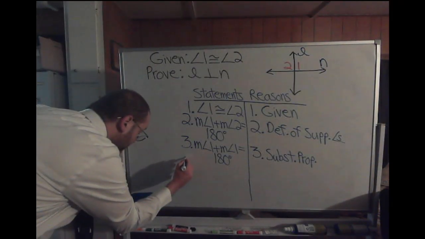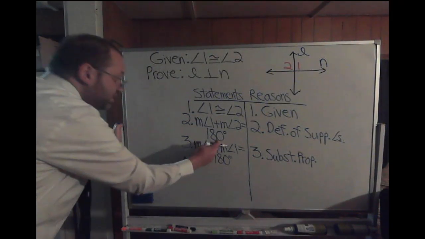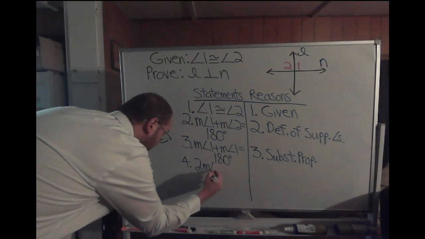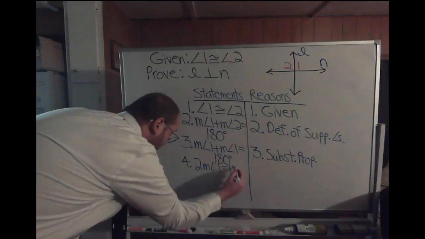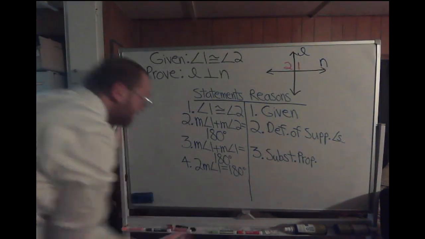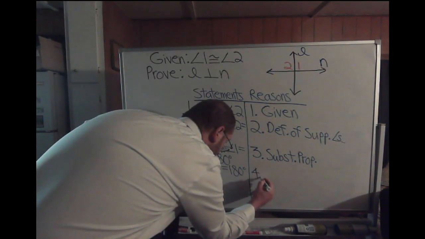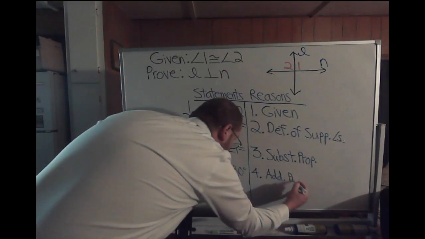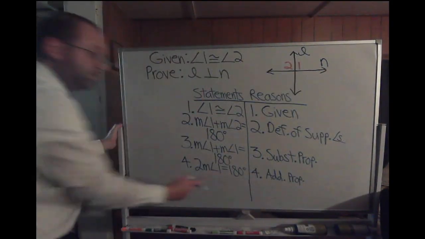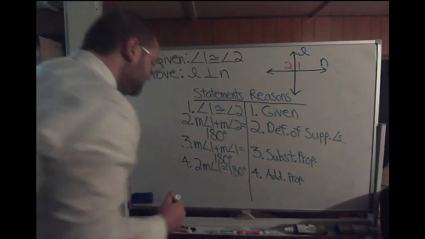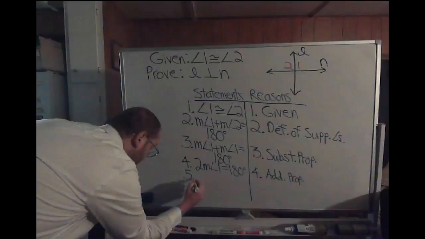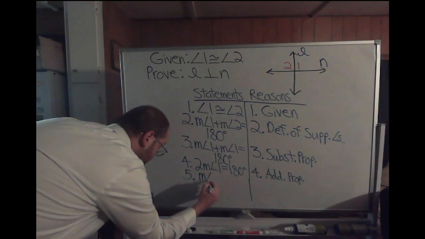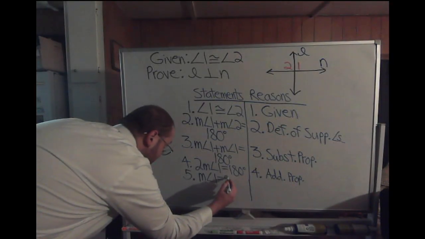Now, the fourth thing is, since we have two measure of angle 1s, we can treat them like variables. You'll have twice the measure of angle 1 is equal to 180 degrees. This would be by the addition property. Now the fifth statement: we divide both sides by 2, you'll get the measure of angle 1 equals 90 degrees.